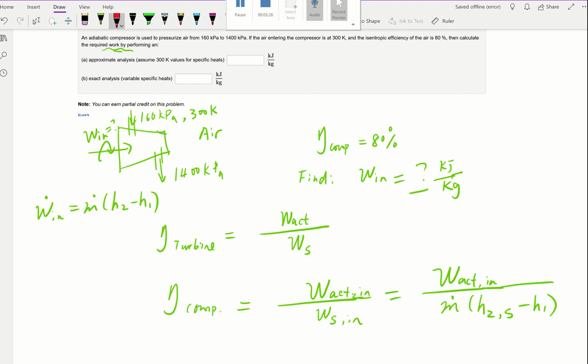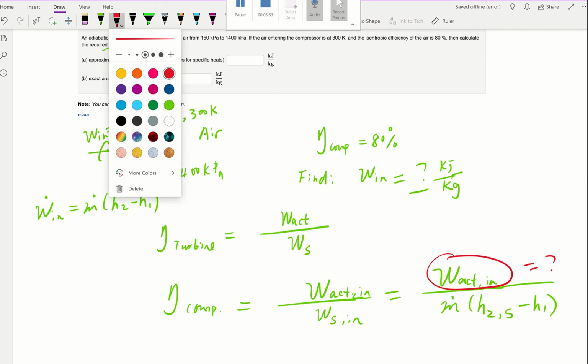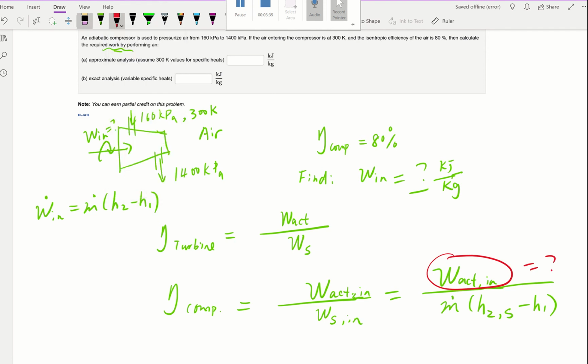Okay, and take note, this is what we want to solve, and actually it's not only that, it's this entire thing. What we're solving is this entire thing, because it's kilojoule per kilogram, and that's what we are solving for.